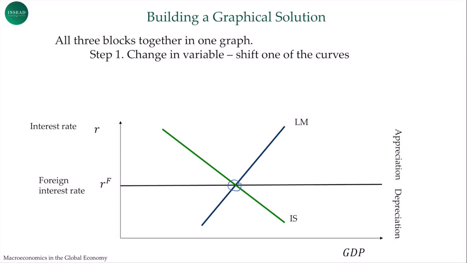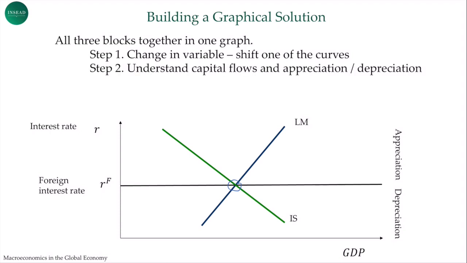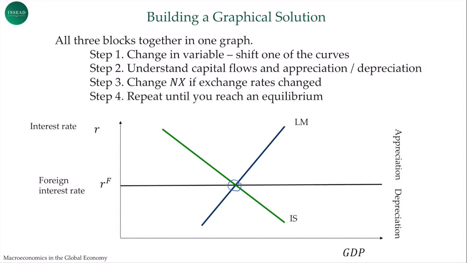Once we see that, we're going to ask ourselves, what happens to capital flows? What happens to appreciation or depreciation of our currency? If there is such a change in the exchange rate, we're going to have to think about changes in net exports. As net exports change, the IS curve is going to shift because that's where net exports are, and we're going to continue doing this until we find a new equilibrium. By new equilibrium, we mean an intersection of the three blocks.